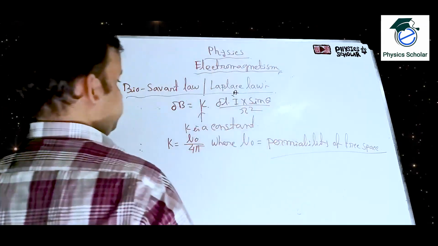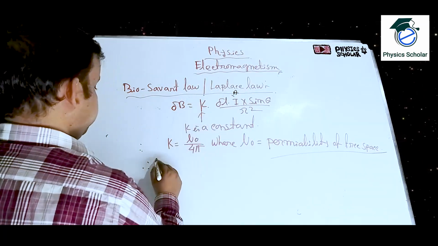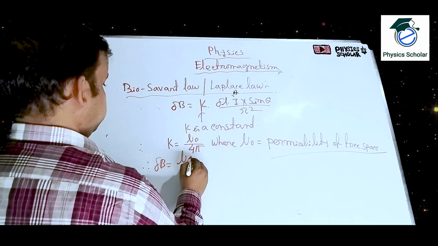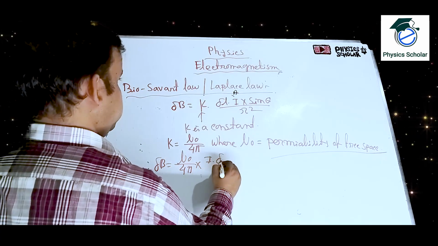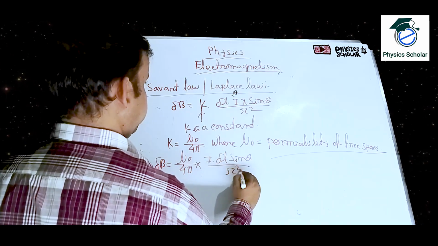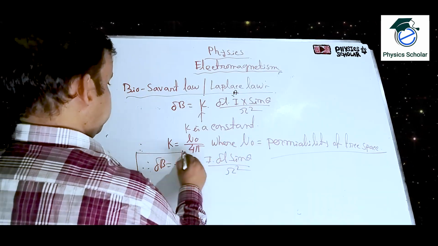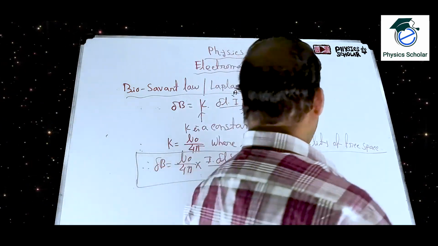Clear? Permeability of the free space. Okay. So now what we can write then? Delta B is equal to mu 0 by 4 pi into I into del L sin theta by r square. Clear? So where mu 0 is the permeability of the free space.